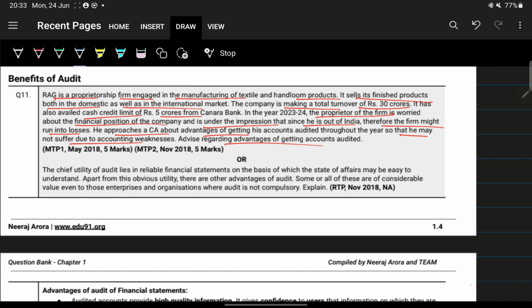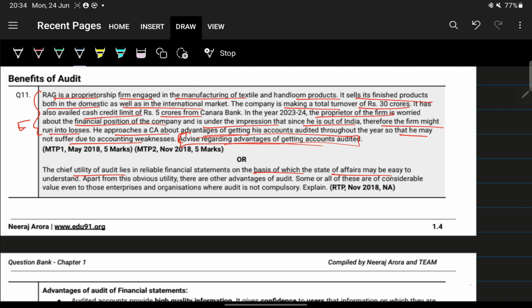So this is a very direct question. This entire thing was completely useless information, and we just have to write the advantages of getting accounts audited. Now we'll see what other way they've asked this question. The chief utility of audit lies in reliable financial statements on the basis of which the state of affairs may be easy to understand.